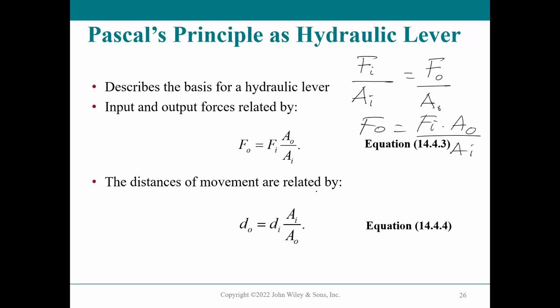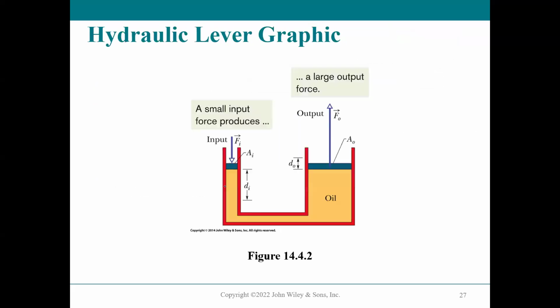And then the distances of movement are related by this: dO is equal to di times AI divided by AO. What are dO and di? This one is the distance of movement. This one is input force and input area, and this one is output force and output area.